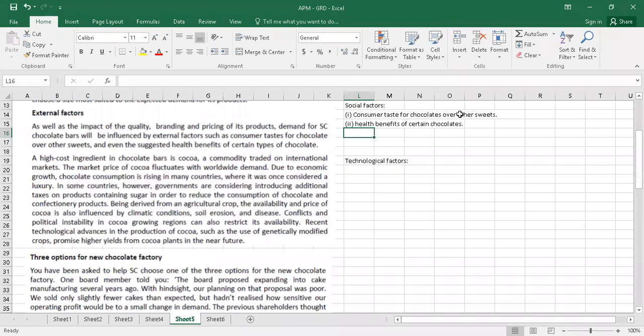A high cost ingredient in chocolate bars is cocoa, a commodity traded on international markets. Since there are fluctuations in the worldwide demand, the prices also will fluctuate. So where will we place this particular thing?